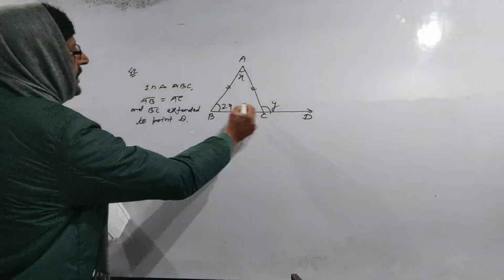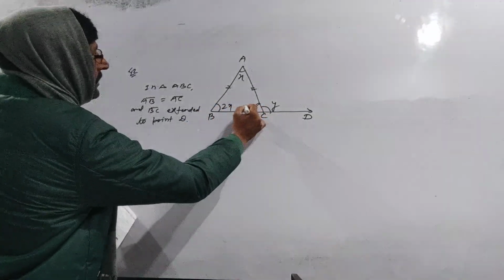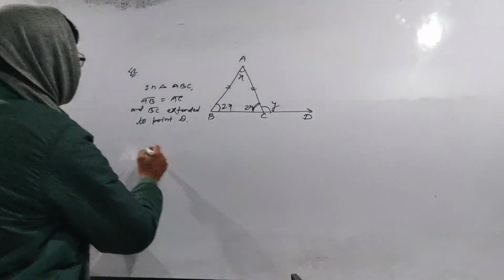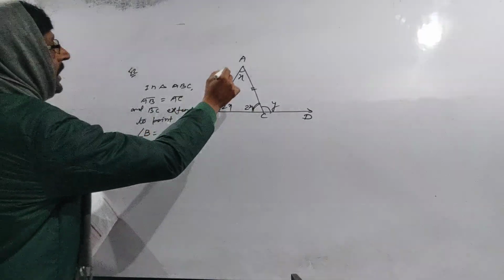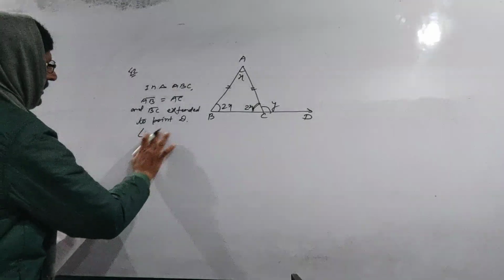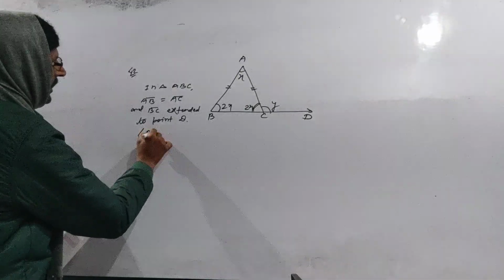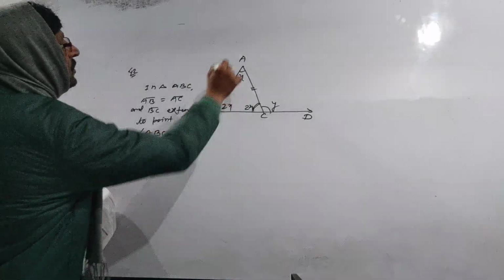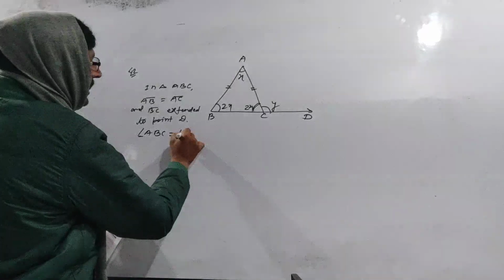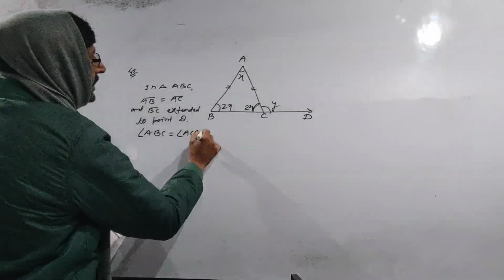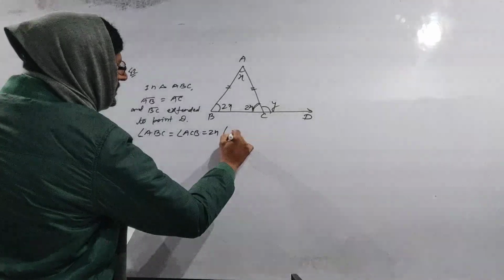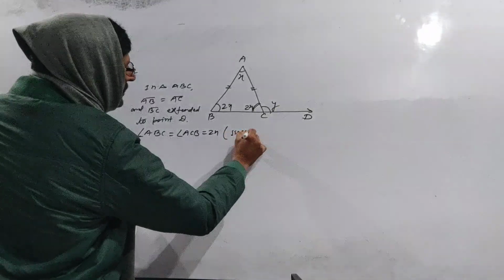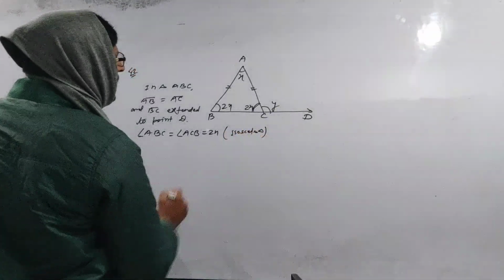Okay, so the base angles will be the same. So angle ABC is equal to angle ACB. Angle ACB is equal to 2x. Why? Isosceles triangle.